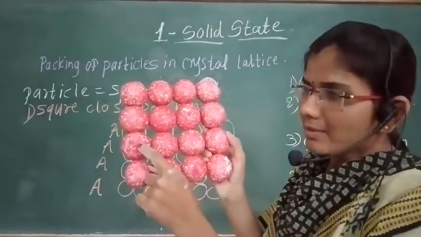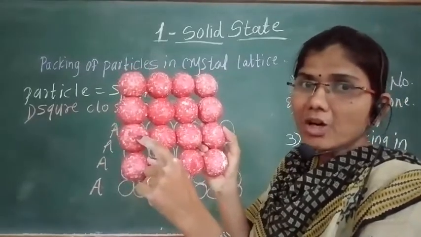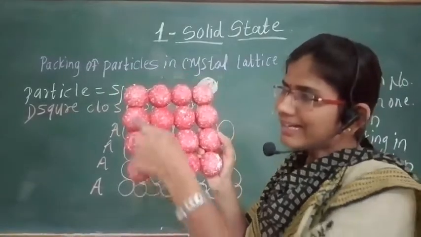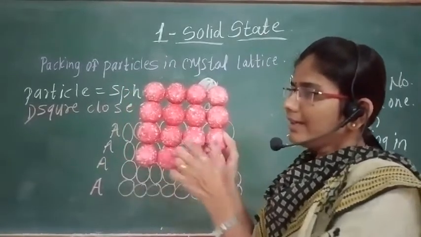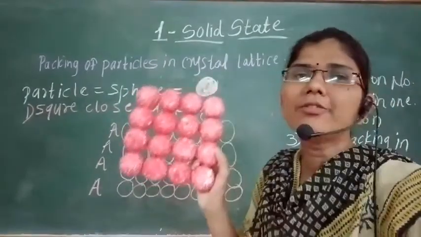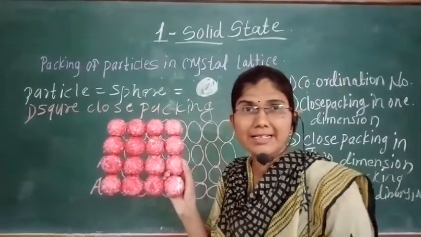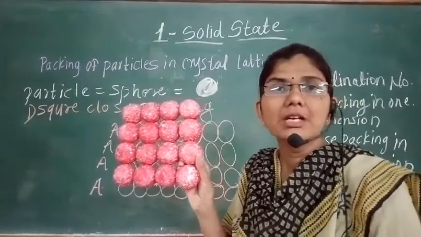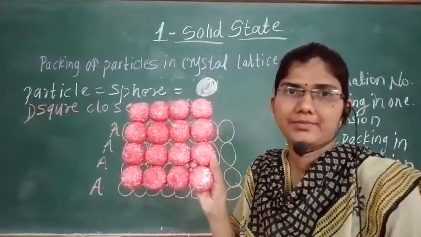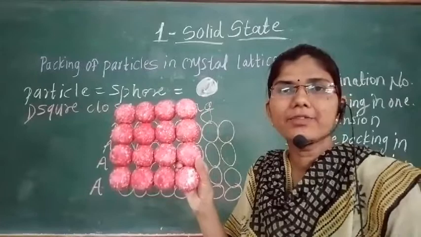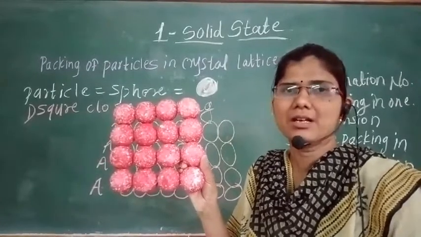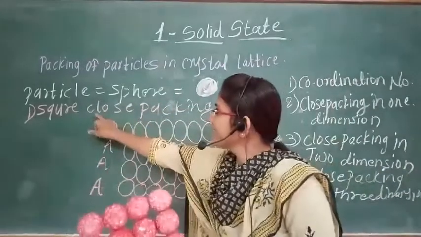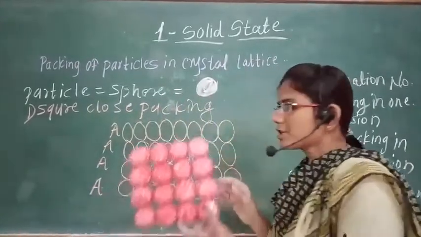So the second row is not present in the depressions, it is present on top. This is a type of arrangement in a two-dimensional close packed structure. Why is it called a square close packed structure?